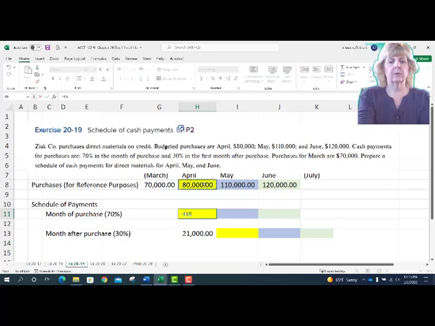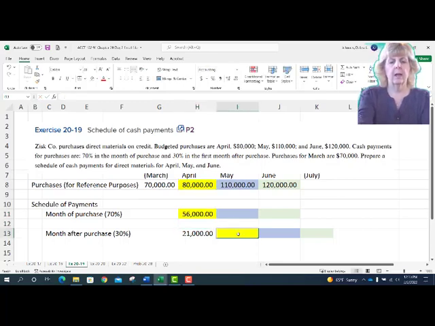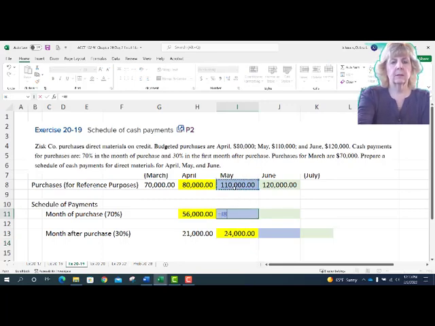70% of April purchases would be paid for in the current month. So I'll go ahead and multiply that. And the rest of it would be paid for in the following month, which would be May. And we just keep pushing it forward. For May, 70% of that would be paid in the same month, and the remainder would be paid in the next month.